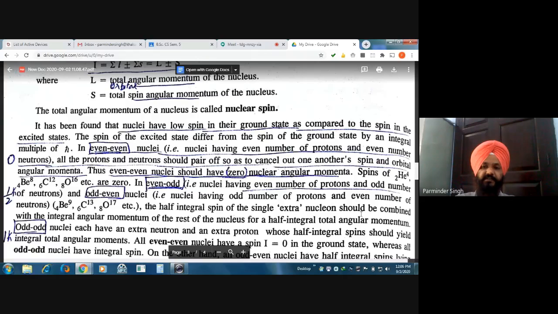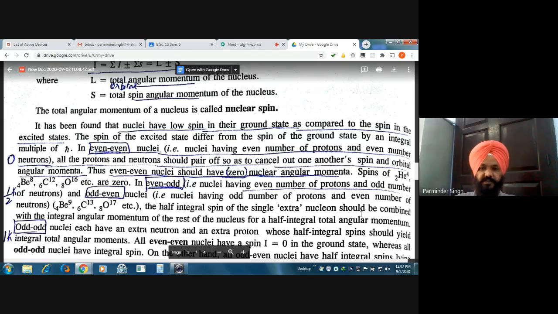The last case is the fourth case, odd-odd, when odd nuclei are present.